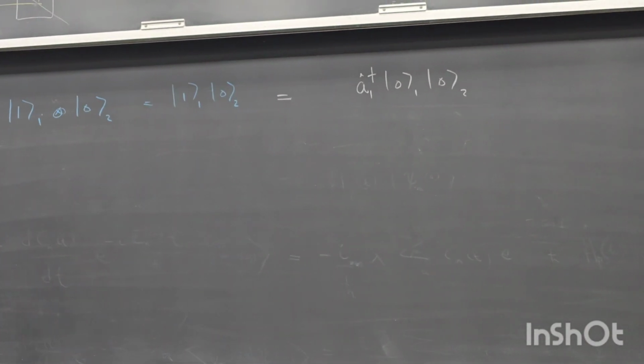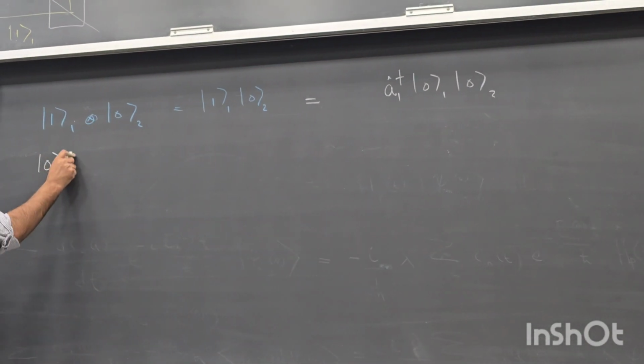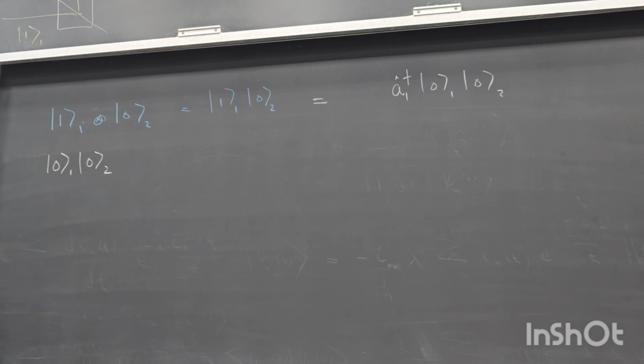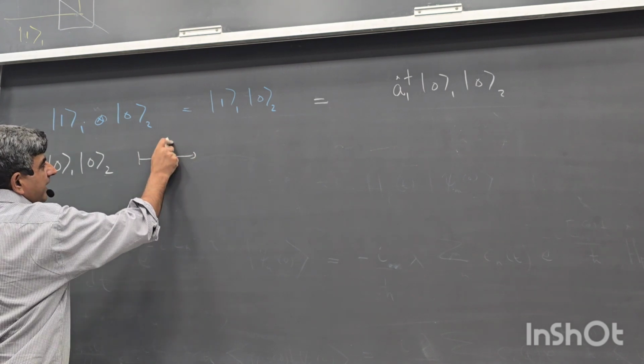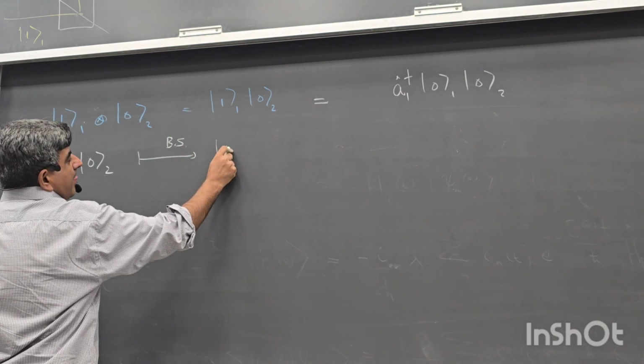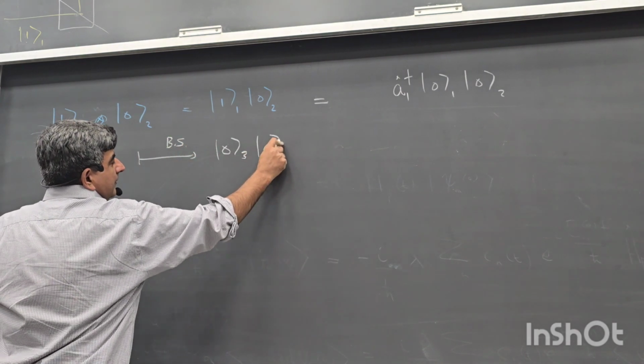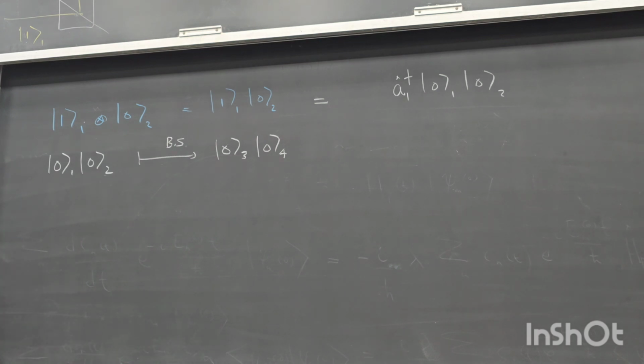Now I also know that if I feed in vacuum into the beam splitter in both ports, nothing comes out because no photon is created. So this must give, under the action of the beam splitter, vacuum again. I do know this, right? This is energy conservation. No photon can be created.